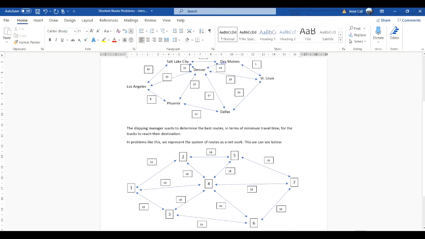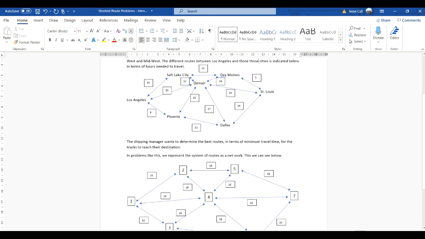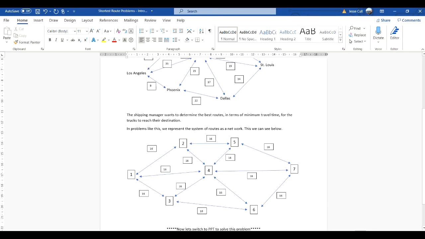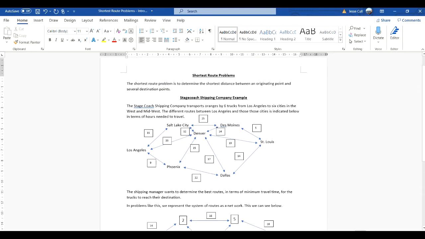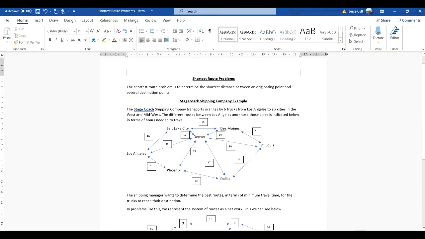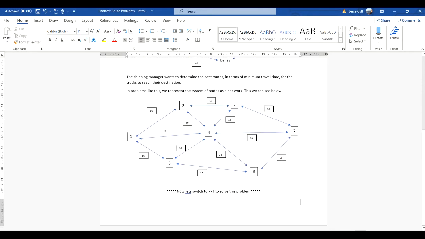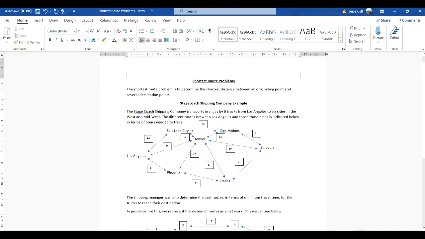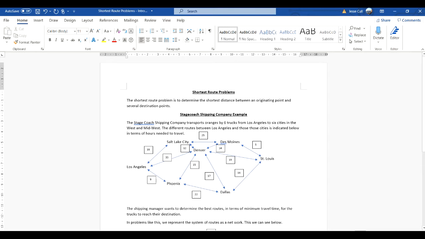And that's what I've done here. All I've done is replace the city names with nodes 1, 2, 3, 4, 5, 6, and 7. All of the other information remained the same. Now to solve this problem, we're going to go to the PPT file and solve it together. So let's do that now.